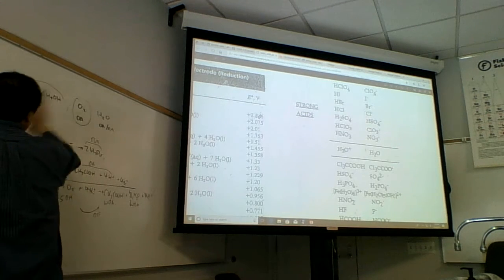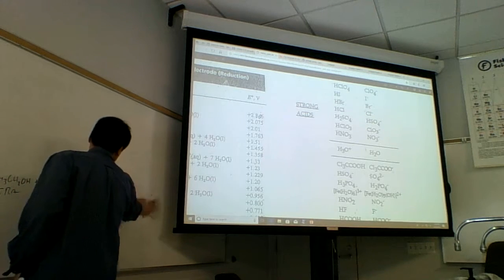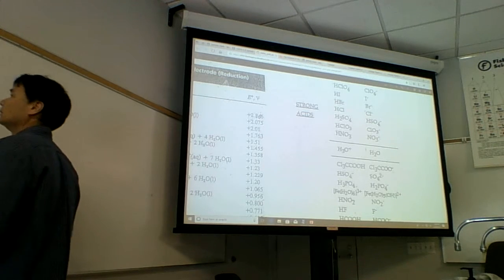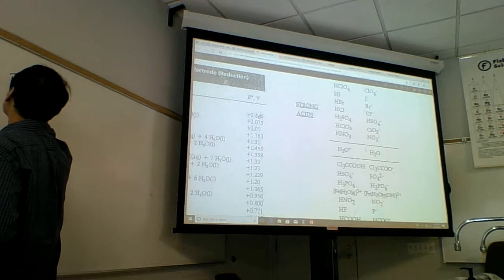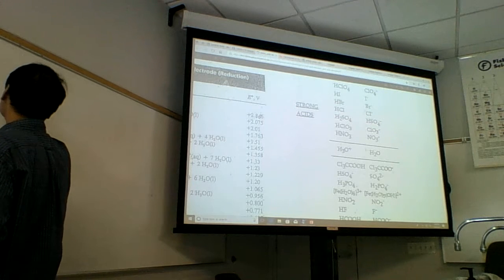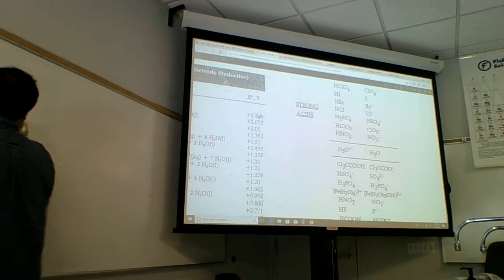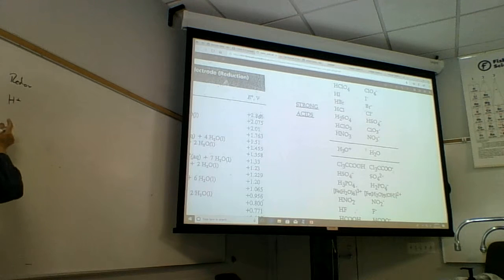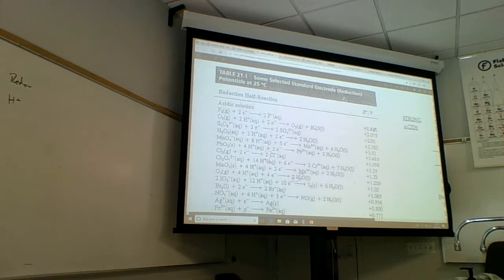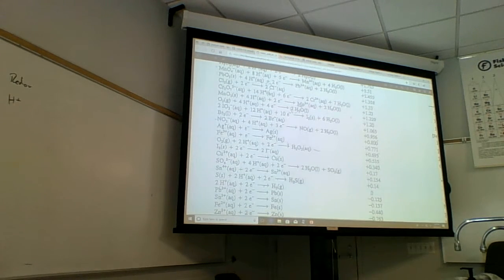Okay, finally we get to redox. When we get to redox, we know that H plus is what? A proton, and is it an oxidizer or reducer? Or both? H plus, oxidizer, reducer, or both?